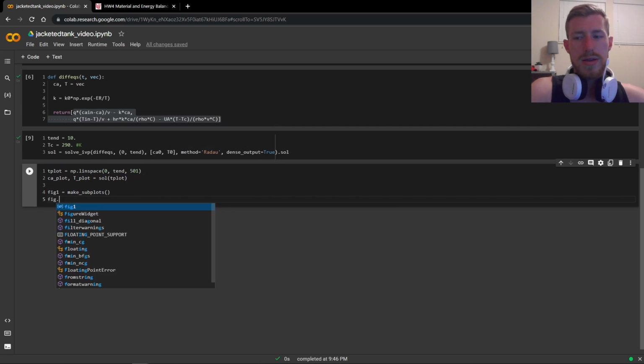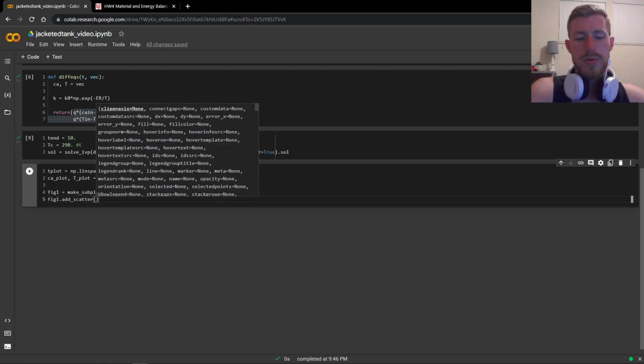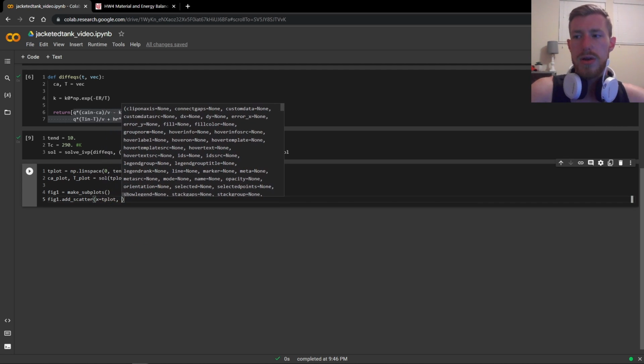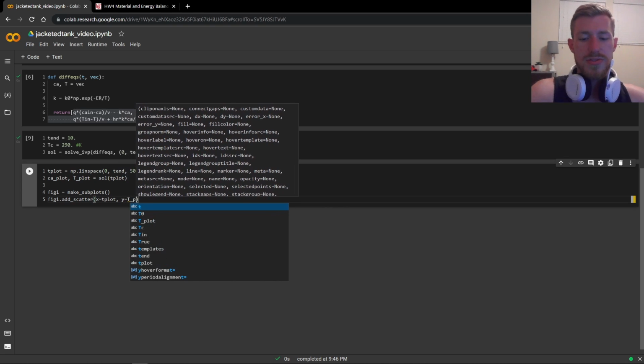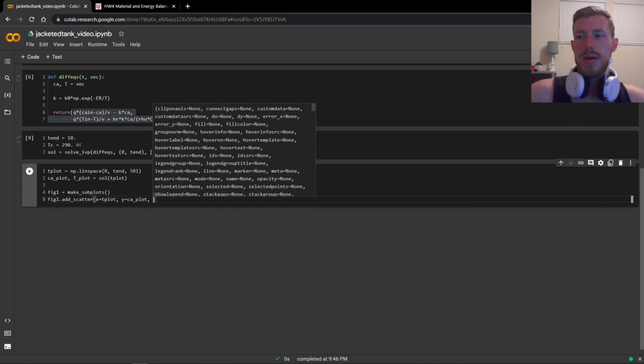Then we're going to do fig1.add_scatter. x is equal to t_plot for both of them, because this is our graph of time. y is equal to, we'll do concentration first, so ca_plot. We want the points to all be connected by a line, so we're going to leave the mode as lines because we don't want that to be affected.